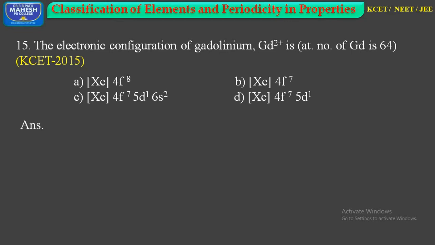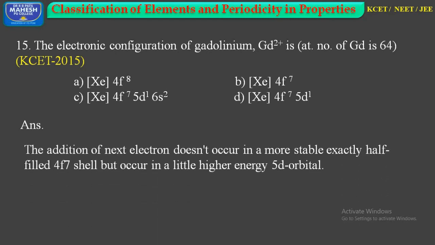Students, the addition of the next electrons in the electronic configuration of gadolinium with atomic number 64 doesn't occur in the half-filled 4f7 orbital, but occurs in a little higher energy orbital, that is 5d orbital.